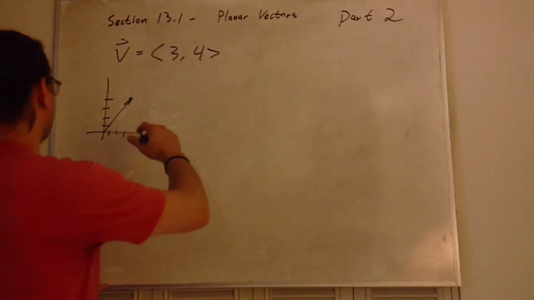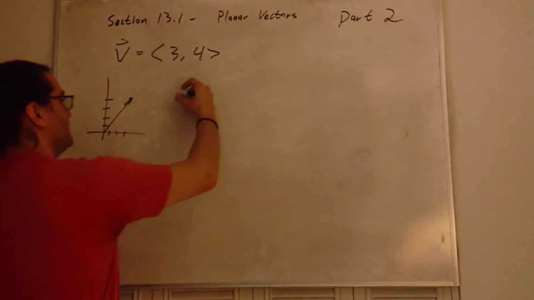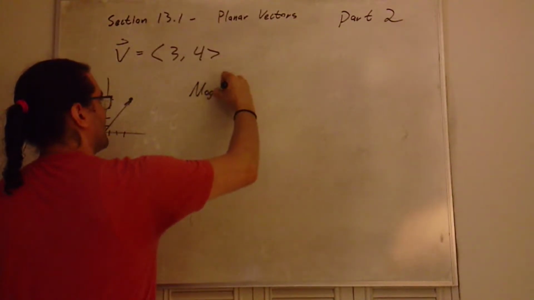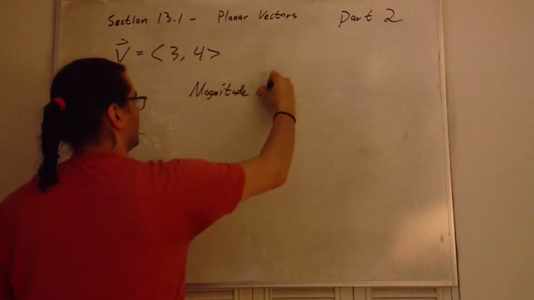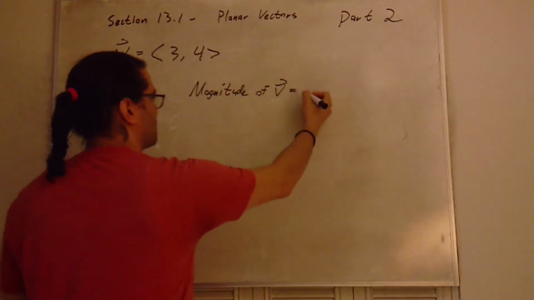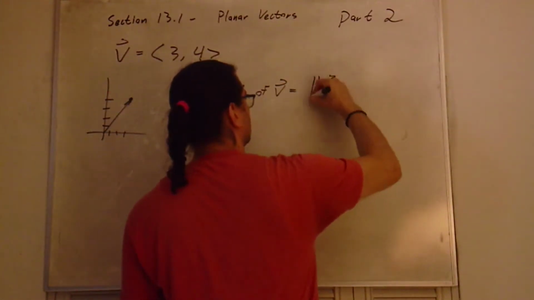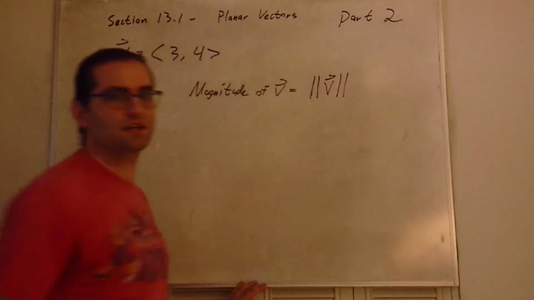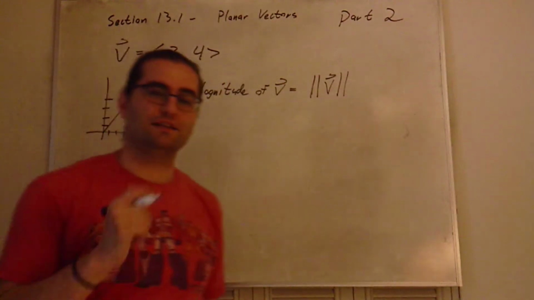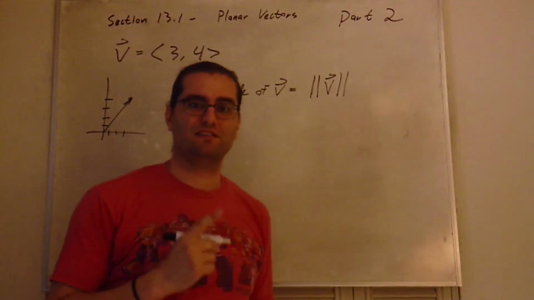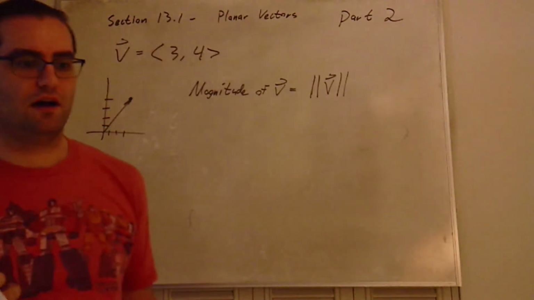So we can find the magnitude of v. It is written with these double brackets. It kind of looks like a double absolute value sign, and it's meant to, because it has a lot to do with absolute value.